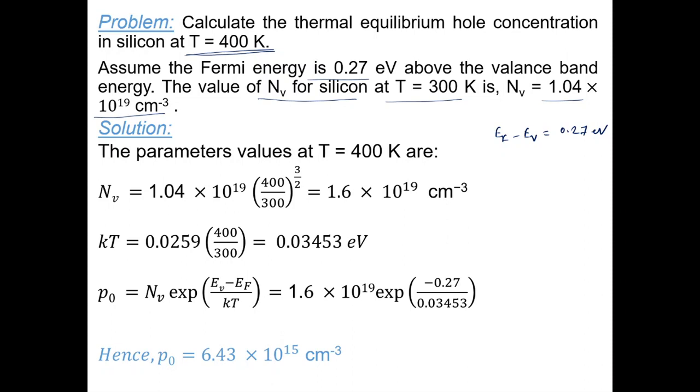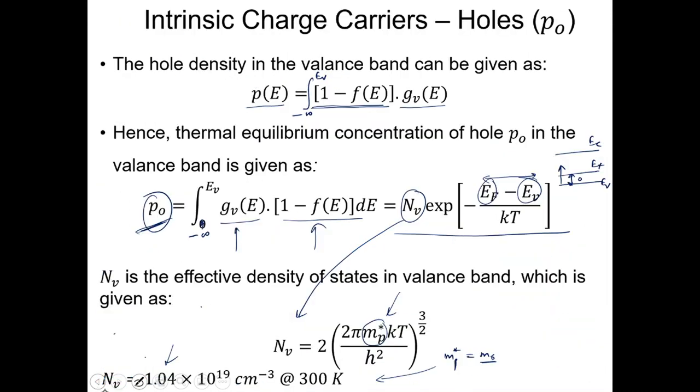So how do we do it? If you remember, NV was also a function of temperature. Now you see NV is related to temperature to the power 3 by 2.